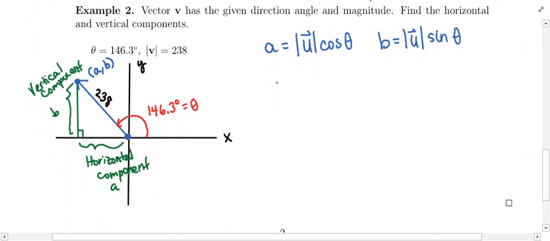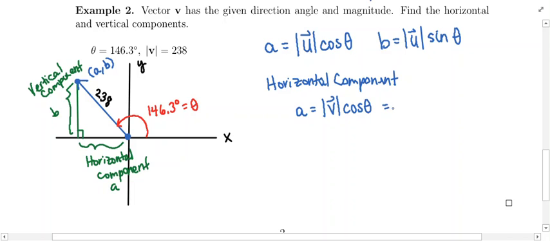Let's find the horizontal component first. The A value is going to be the magnitude, here it's vector V, times the cosine of theta. So the magnitude of the vector is 238.